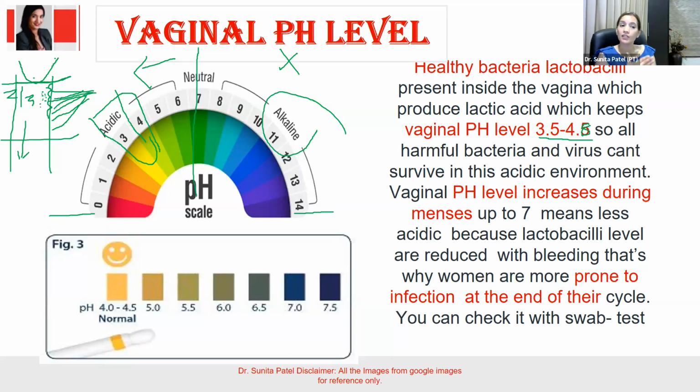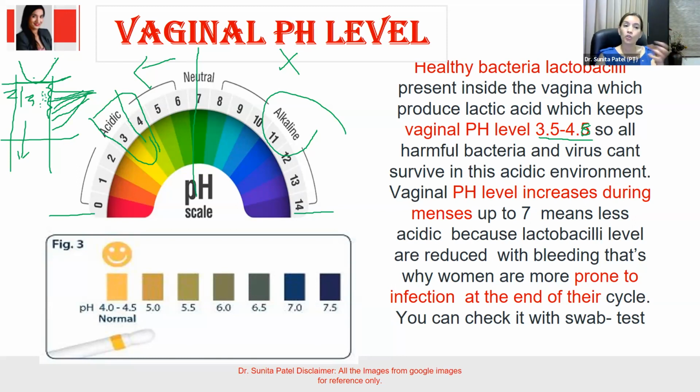Whenever we are in periods and the cervix is open and blood is coming, the blood passes through the vaginal sheath and changes the pH level of our vagina. The whole vaginal sheath becomes alkaline during those 4 to 5 days because of the presence of blood.